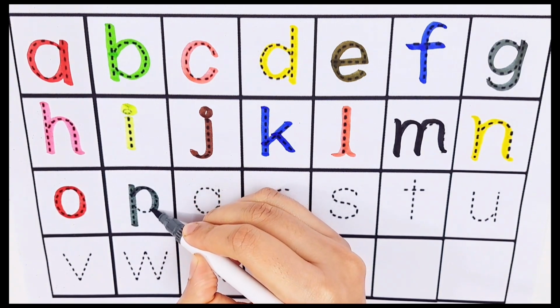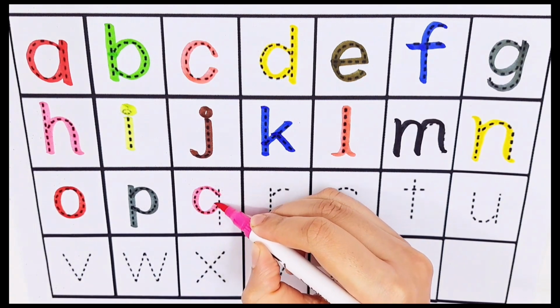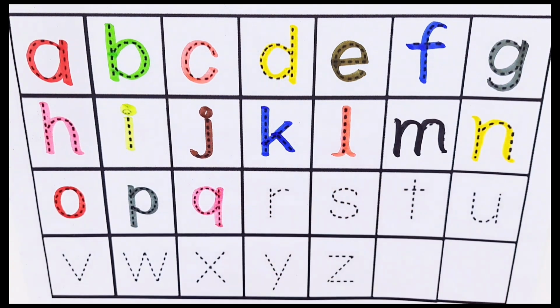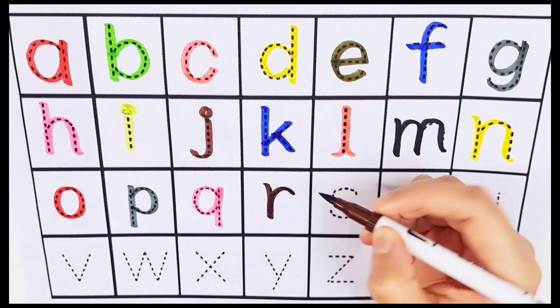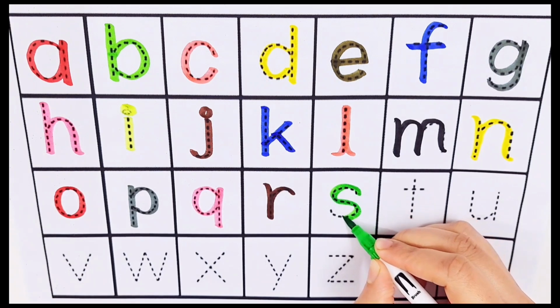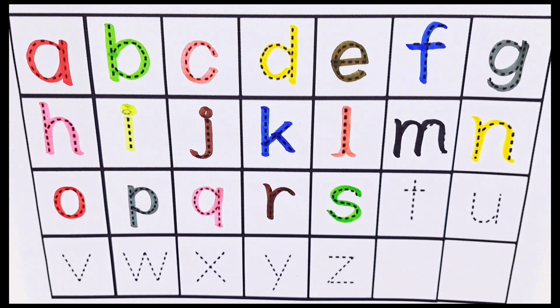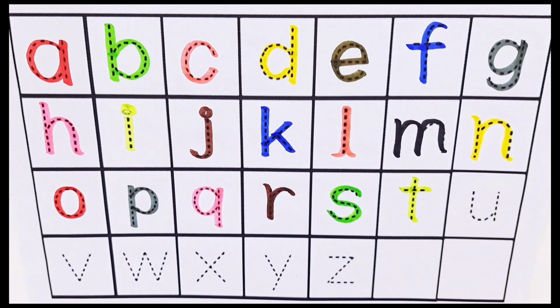P for pencil. Q for queen. R for rose. S for sky. T for tiger.